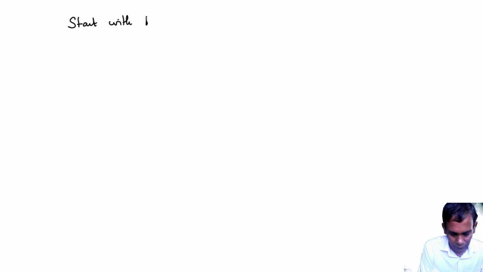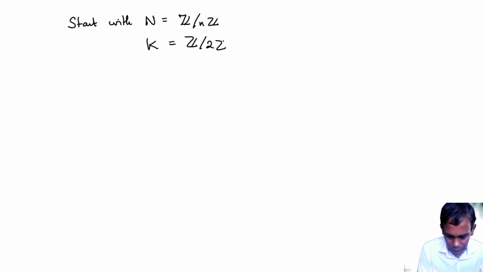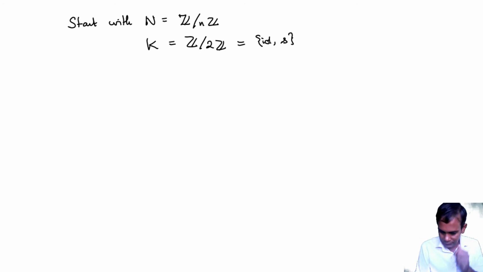Let's look at the dihedral group example. We can turn it around backwards, and we can say start with N equals Z mod nZ, K equals Z mod 2Z, which I will write as identity comma s. So this identity is the identity of Z mod 2Z. Usually we write it as 0 in additive notation. Well, let's call it identity comma s. Okay, and this s is the non-trivial element of Z mod 2Z.